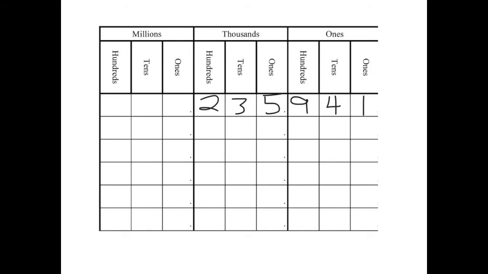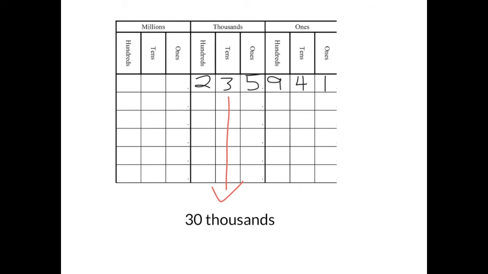Can you figure out what this area is? What does the 3 represent? Since it's the 3 in the tens place of the thousands, it's known as 30,000. Another way of writing it is just like that. 30,000s.